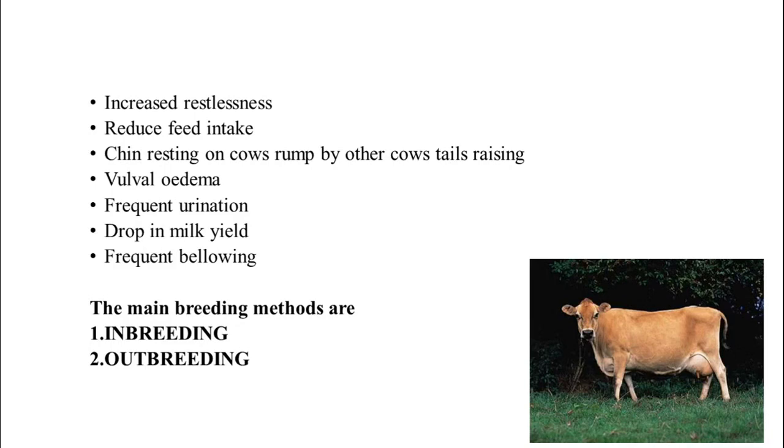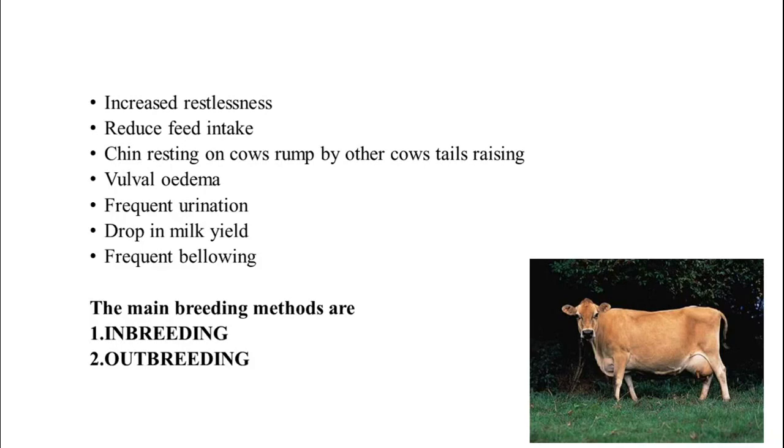The milk yield drops, and they unnecessarily bellow a number of times. These are all symptoms by which you can observe that these animals are ready for breeding. By that time we can take up that animal for the breeding process.